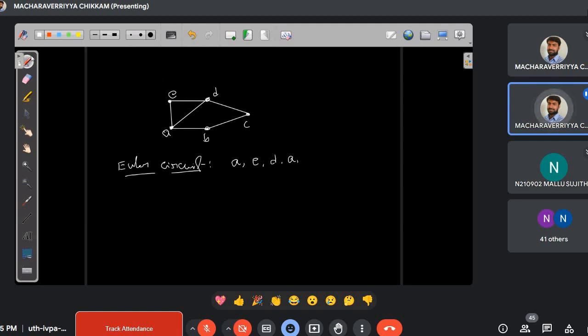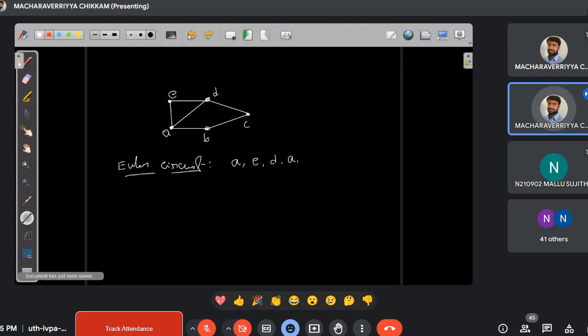So we can have an Euler path, not an Euler circuit here, because not every vertex is of even degree. Let me introduce one more edge. Again the problem: this has degree 3.